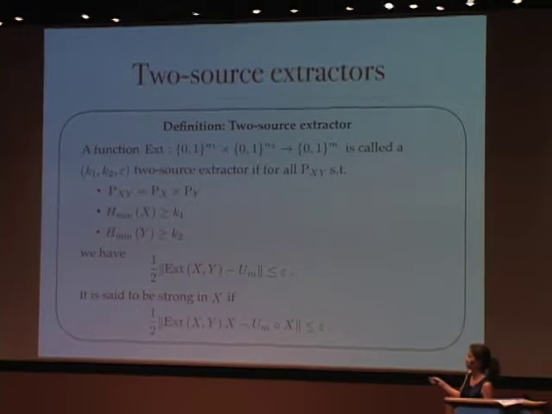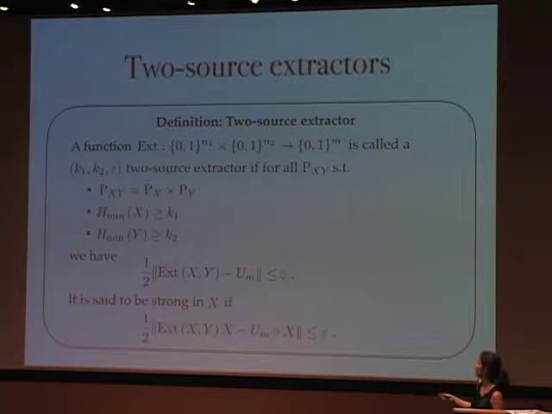Okay, so here the two sources are in product, as I mentioned, and we have sufficient min-entropy in each one of them. Okay, so it's indeed a weak source of randomness. There is some randomness in it. If these conditions hold, then the output of the extractor, okay, should be epsilon close to a uniform m-bit string.